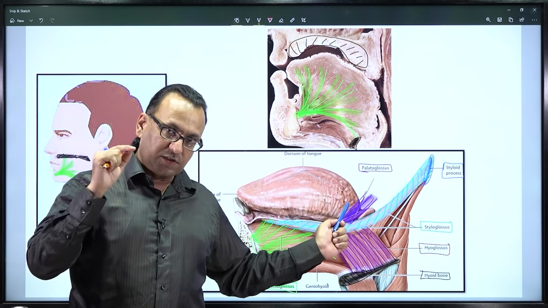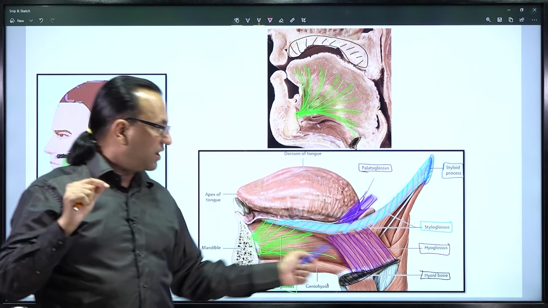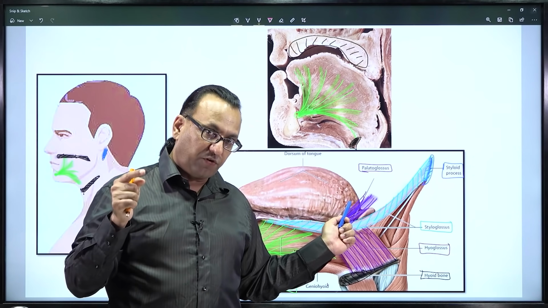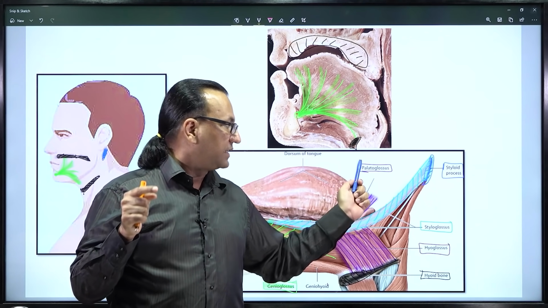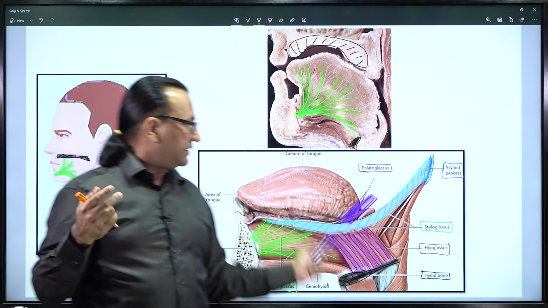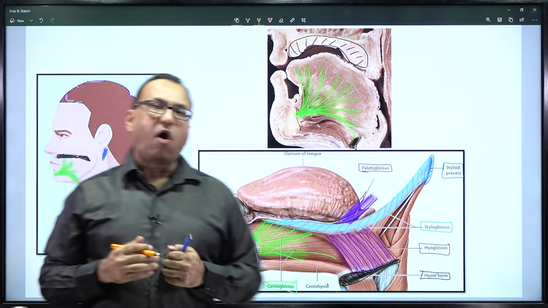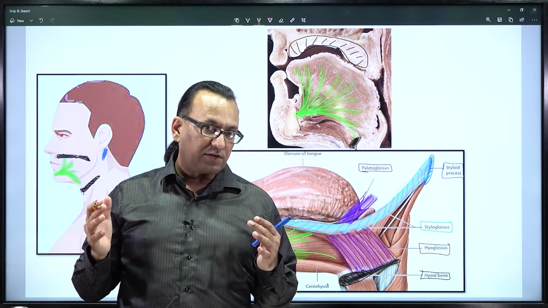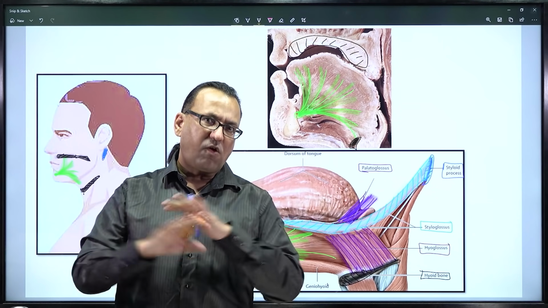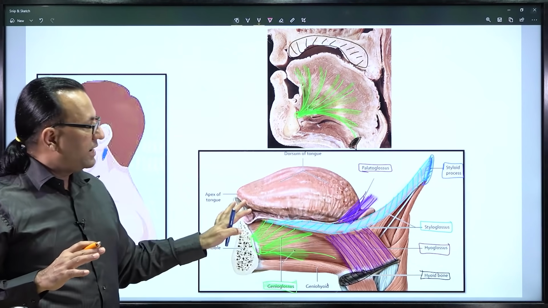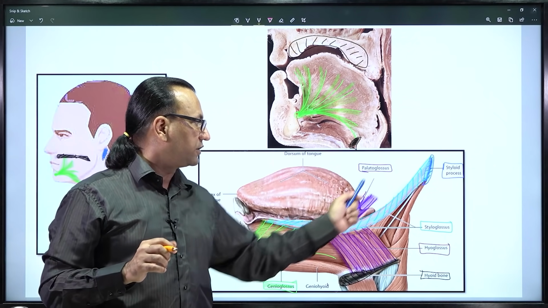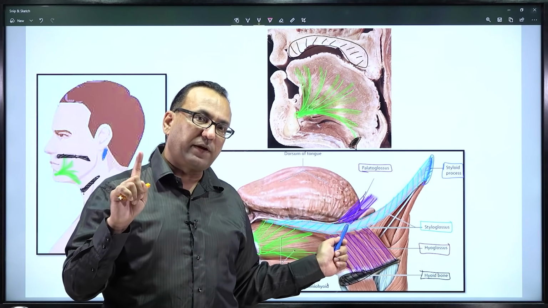Remember, palatoglossus is the only muscle of the tongue which develops in the pharyngeal arches, arch number 4. That is why it will have a separate nerve supply. Otherwise, tongue muscles develop from occipital somites and are supplied by the hypoglossal nerve, cranial nerve 12. So all the tongue muscles are supplied by the 12th nerve, the hypoglossal nerve, except palatoglossus, because palatoglossus does not develop from occipital somites.